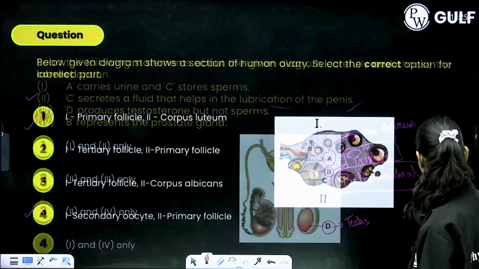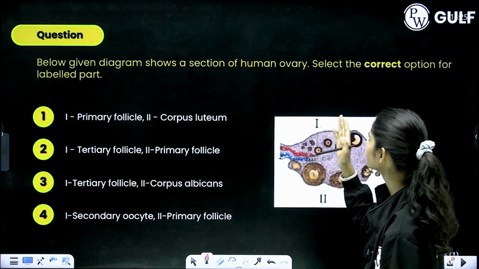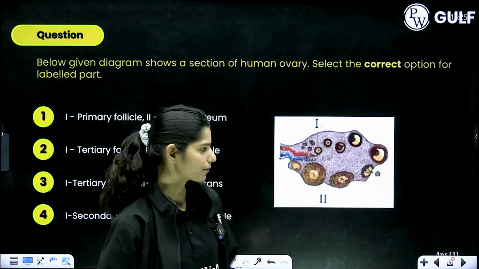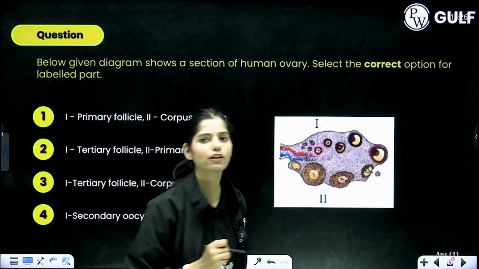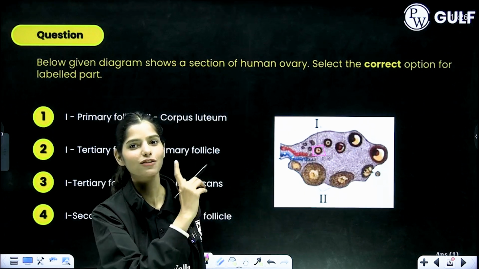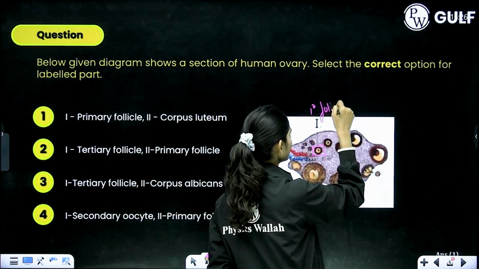Let's see the next question. Below given diagram shows a section view of human ovary. Select the correct option. So first of all, let's label the diagram. The first structure that we see in the sectional view of the ovary is actually a follicle, but which follicle? It is the primary follicle.